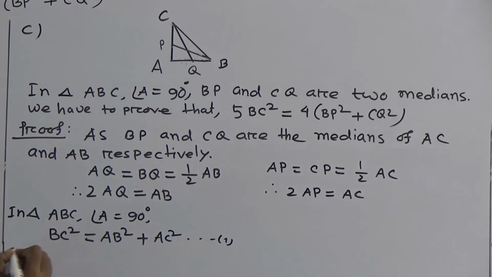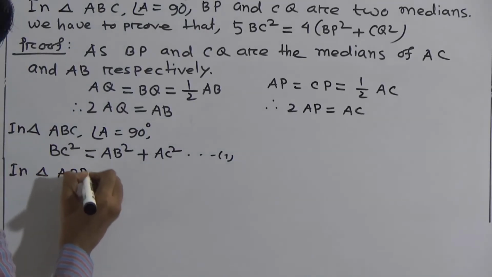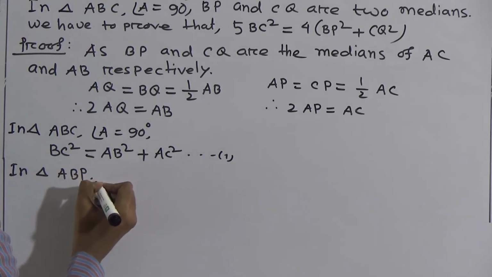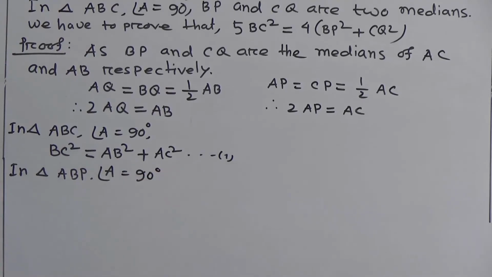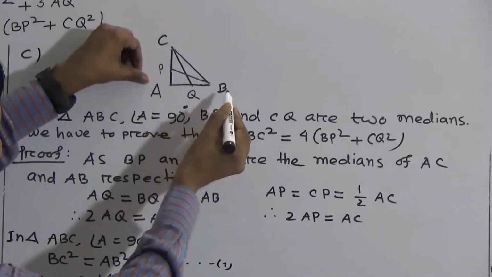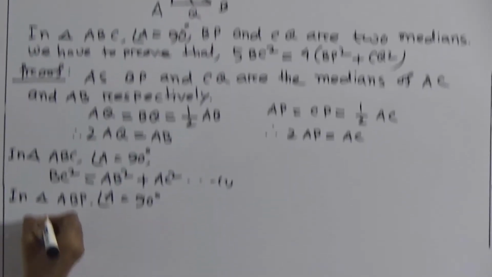Then in ABP, angle A equal to 90 degree. You see triangle ABP, BP is the hypotenuse right here.